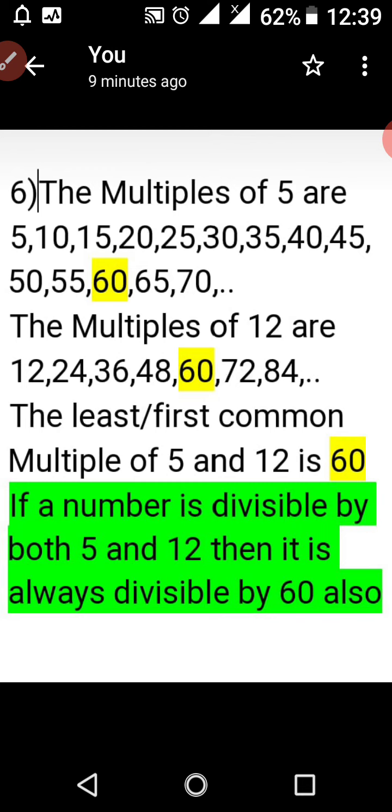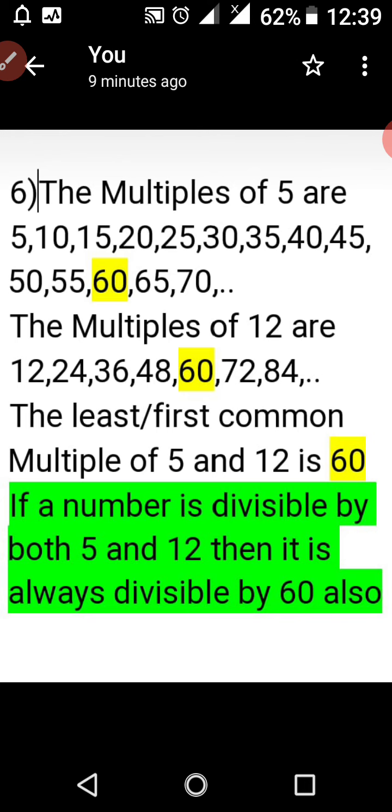So what does it mean? If a number is divisible by both 5 and 12, then it is also divisible by 60. That is what they are asking in the question: if a number is divisible by 5 and 12, by which other number will it always be divisible? That is 60. This is the answer for the sixth question.